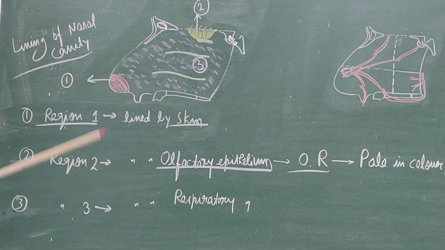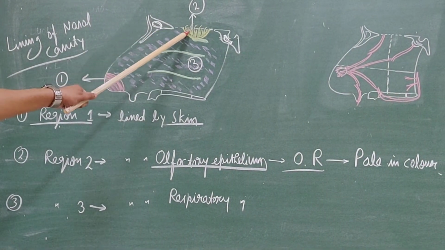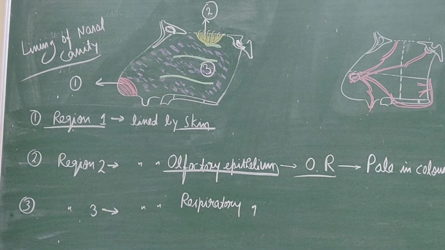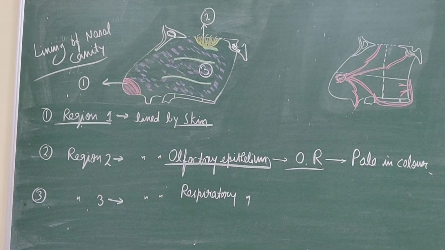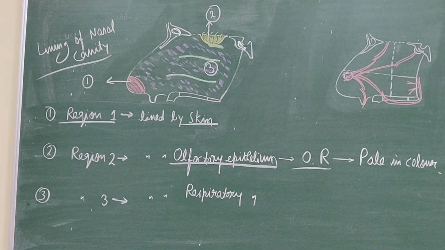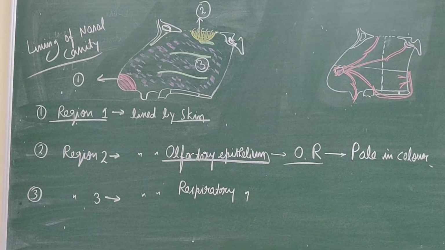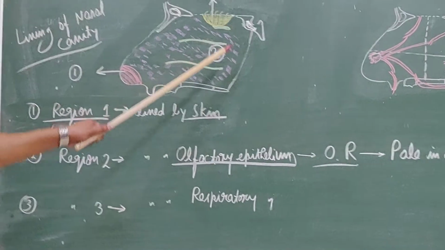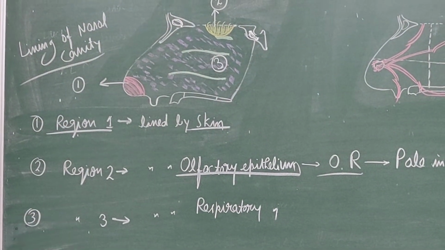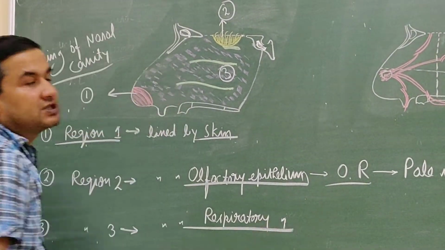So, in the nasal cavity, the olfactory region is present in this area, up to the superior concha from the roof. Now the remaining part is lined by the respiratory epithelium.